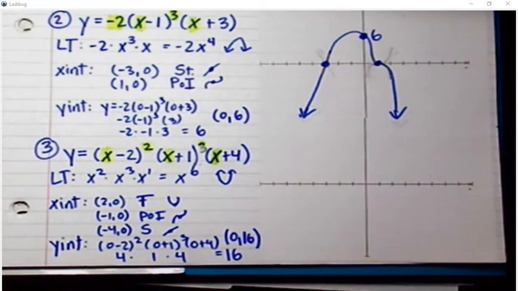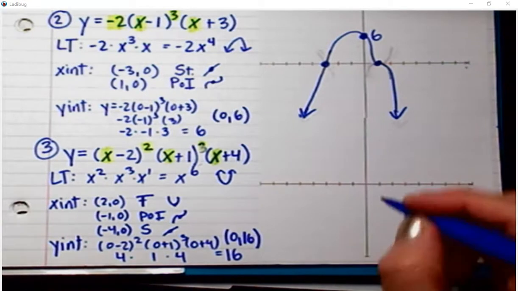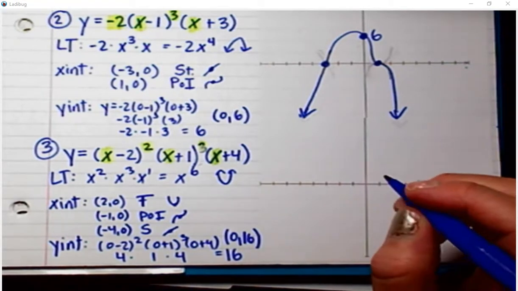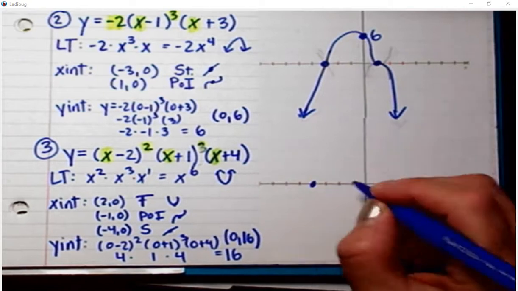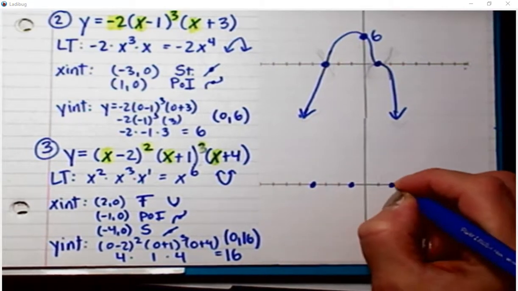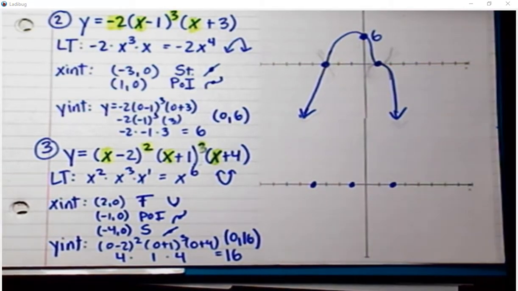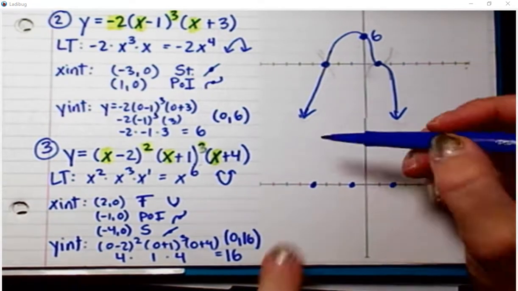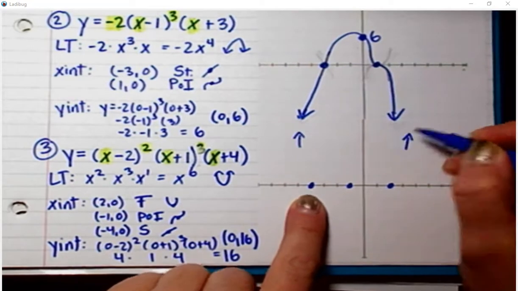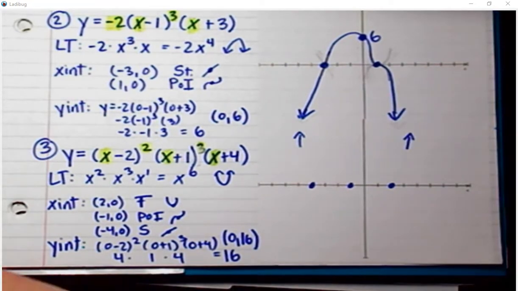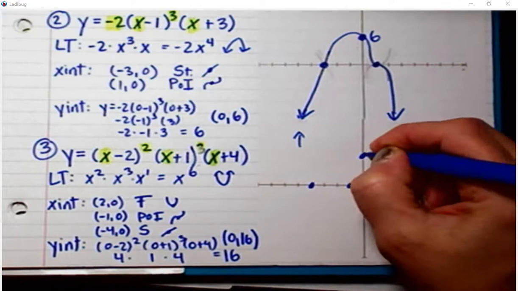Okay, so there's my work. Let's see. 2, 3, 4. 1 and 2. Okay, so I put them on here. And I need my arrows. So up and up. Oh, and I need my y-intercept.